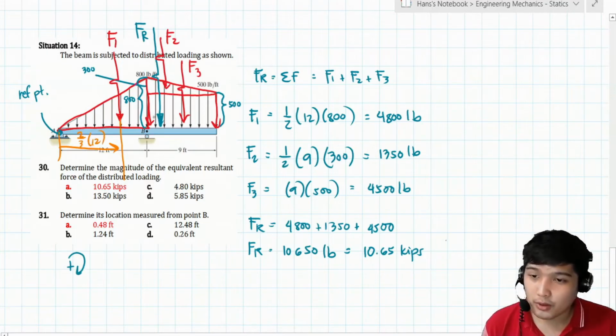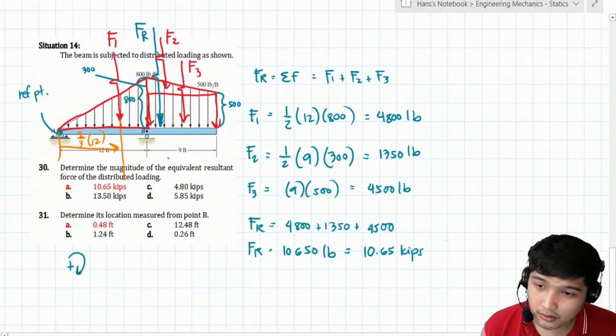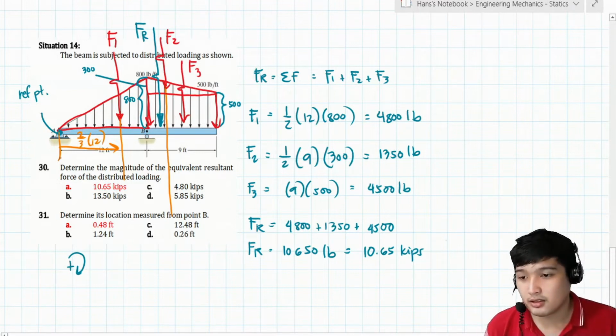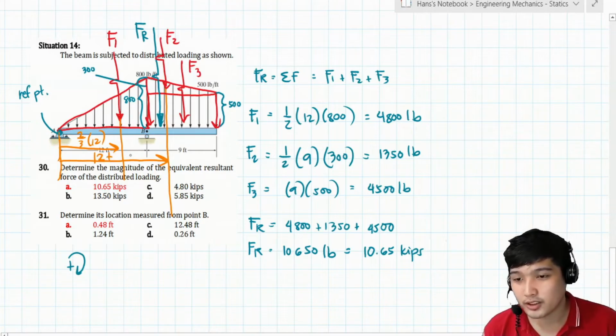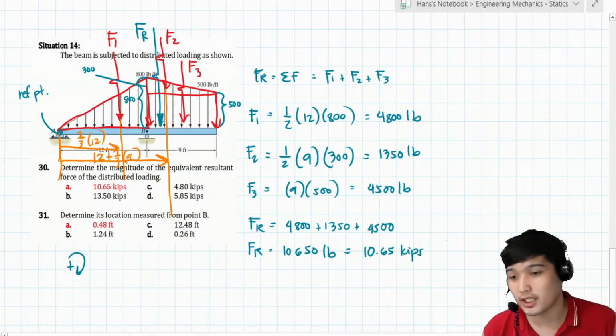So, 2/3 ito ng 12. Okay? For F2 naman, ito yung line of action niya. So, from A, ang distance niya is ito. So, paano kunin yan? Di 12 muna plus yung 1/3 naman ng base, which is yung 9. So, 12 plus 1/3 of 9.